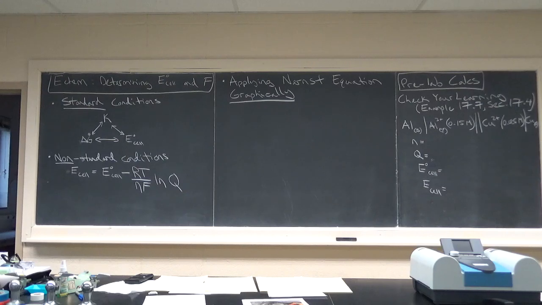All right, so the pre-lab is going to be based on what's on the right side over here, as you can see, a problem in your ebook. It's in section 17.4.